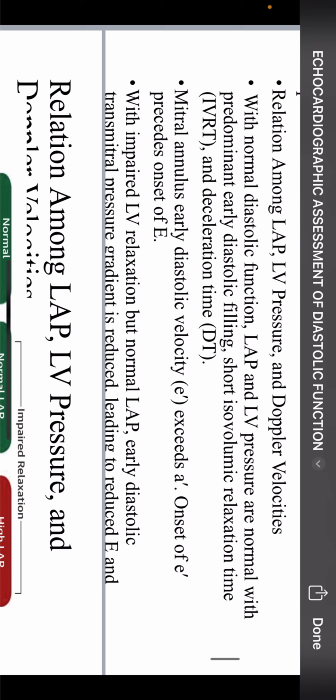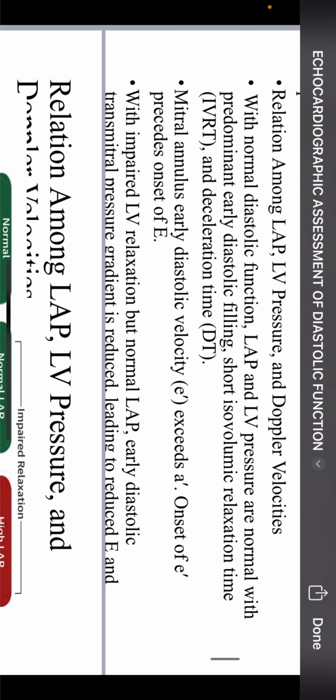So what will happen? That pressure gradient will be high enough to make sure that instead of 70, at least 60% of blood enters LV by rapid filling, and then 40% enters LV by atrial kick. But the decay of E wave velocity will be so slow. It is not fast. It will decay slowly.